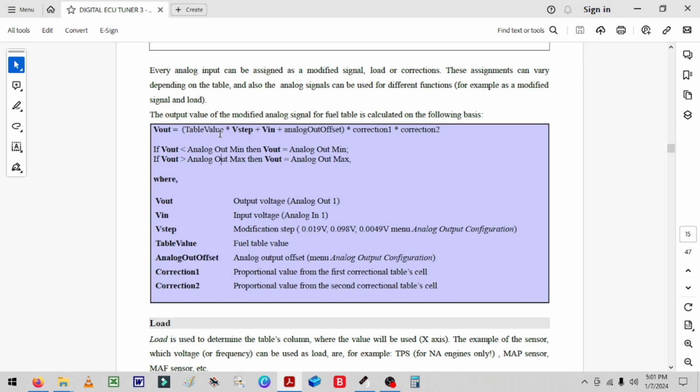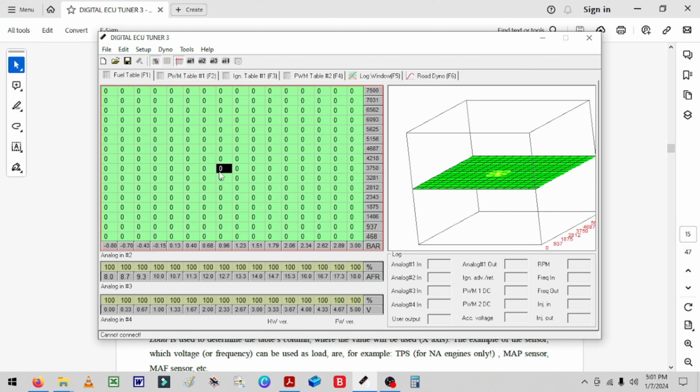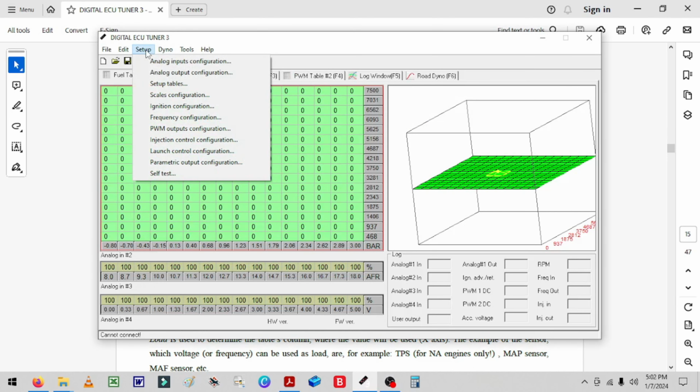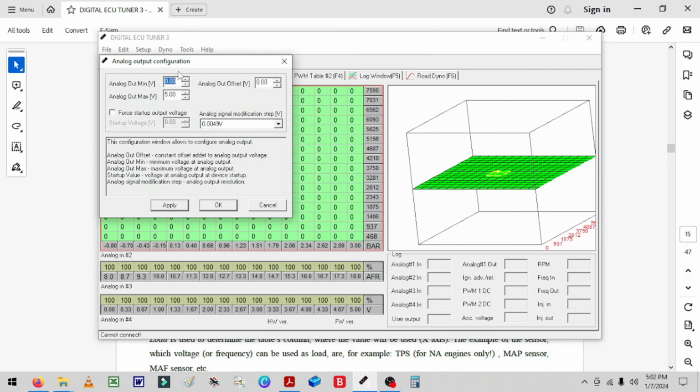So the table value, which would be this cell right here, each cell has its own value, but let's say for instance right here it's 5. So we've got our table value times our voltage step. What is your voltage step? Well, there's another area and I'll show you, but it's in your analog output configuration.